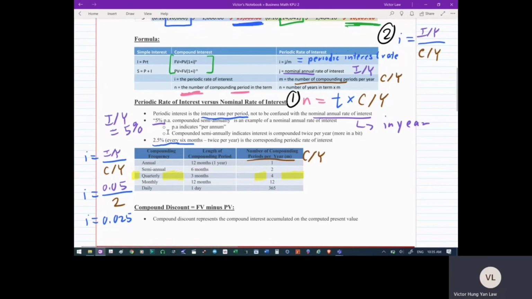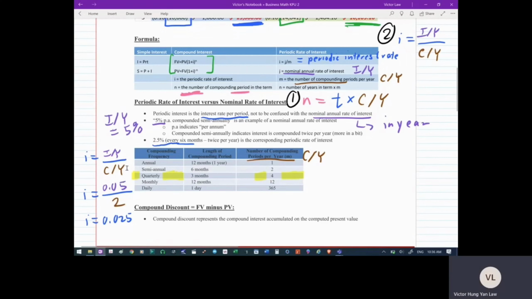And if we want to find out the periodic interest rate, we can substitute the numbers into the equation. The equation for periodic interest rate is i equals capital I/Y divided by C/Y, your nominal interest rate divided by your compounding per year. Your nominal interest rate is 5%, so we put 0.05.